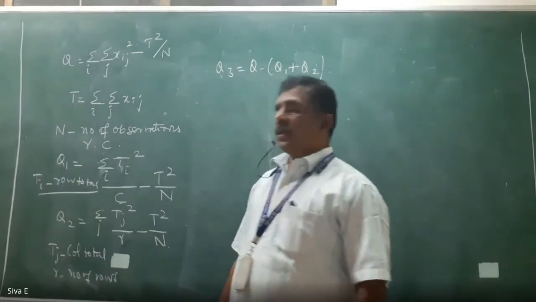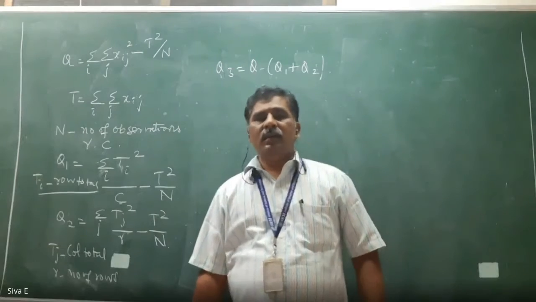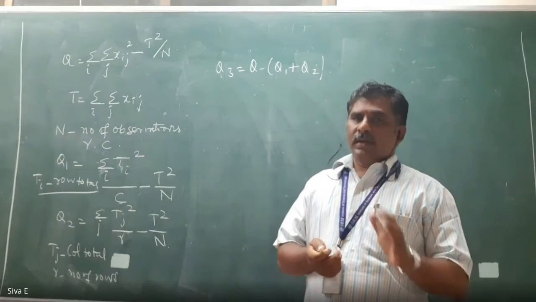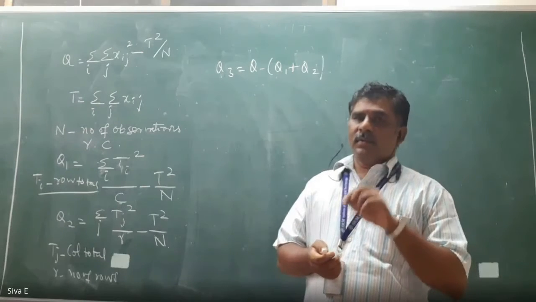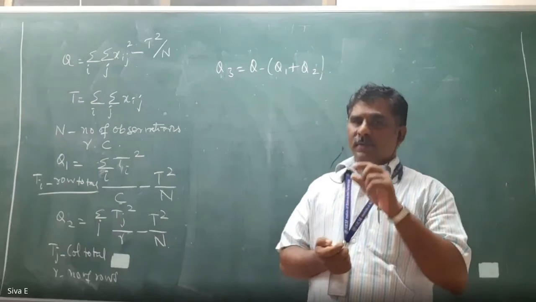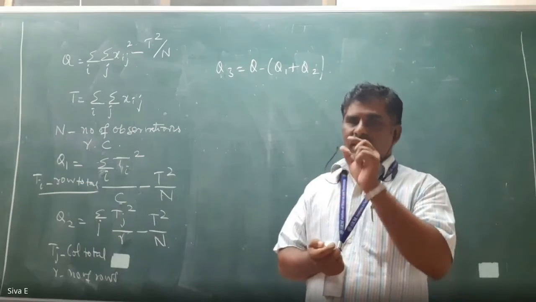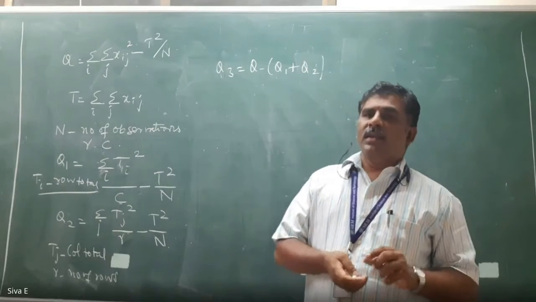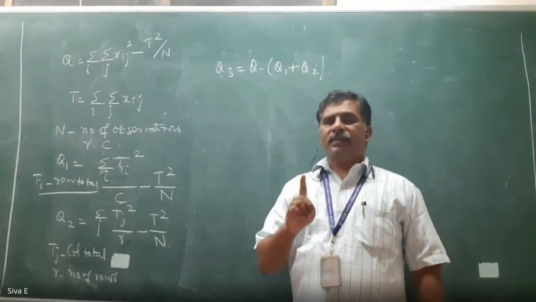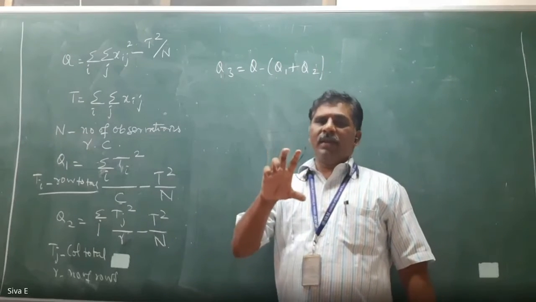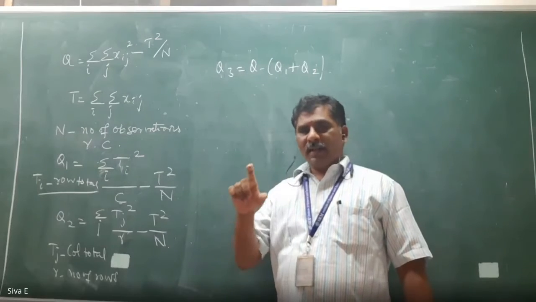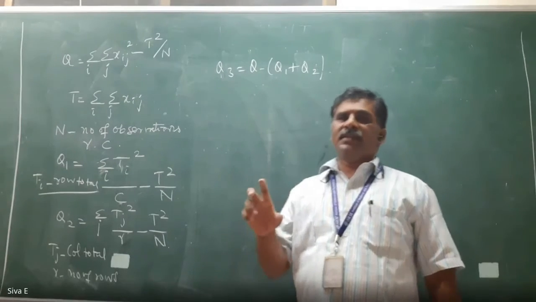One more thing: each row and each column must have the same number of samples. If one sample has size 5, all the samples should have the same sample size.